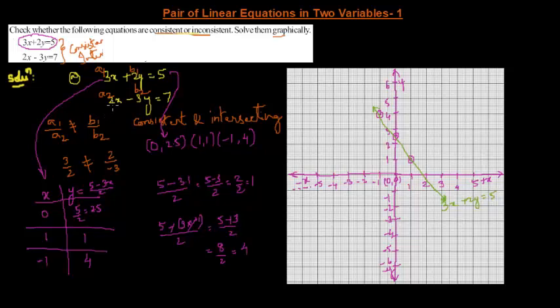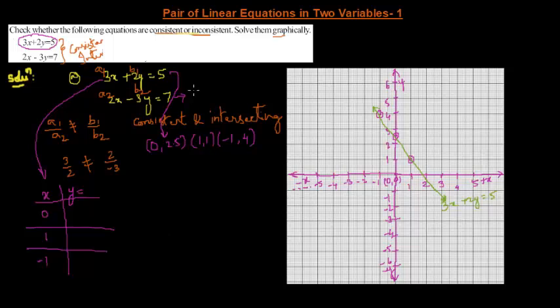Now let me write the points of this equation. How will I get y value? Minus 3y is equal to 7 minus 2x, or otherwise 3y is equal to 2x minus 7. So y is equal to 2x minus 7 divided by 3.